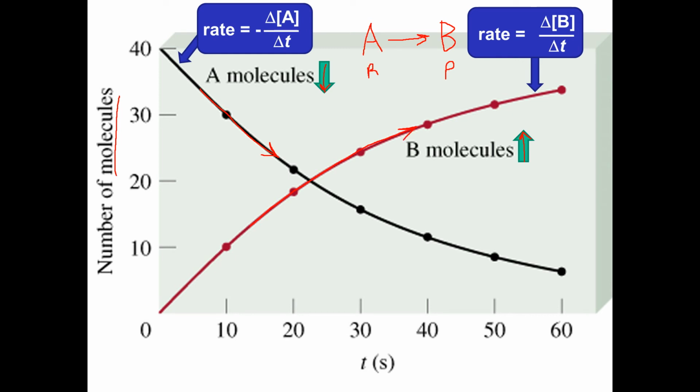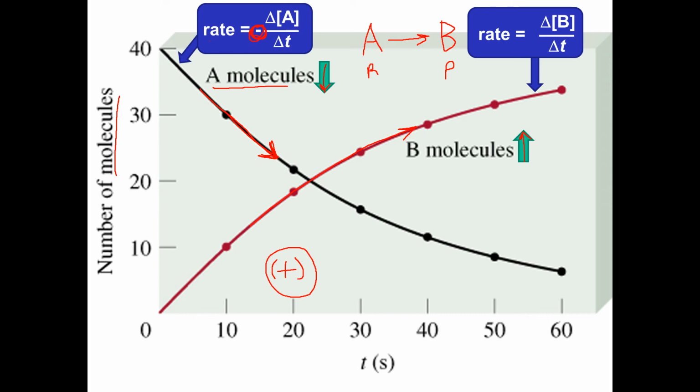So, rates are always going to be expressed as a positive. Chew on this for a second. If you look at the change in number of A molecules over time, it's decreasing. So the change in A over time would be negative. If you think of it almost like a slope, because this is headed downwards, this would be a negative slope. So if we want to express rate as a positive value, then whenever we express rate in terms of a reactant, we have to include that negative sign out front.